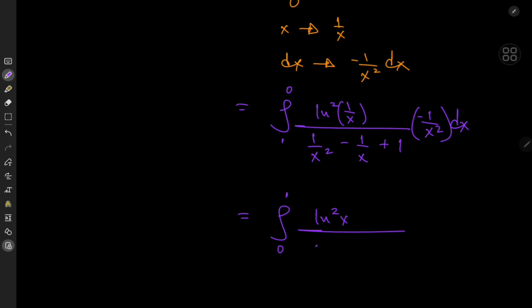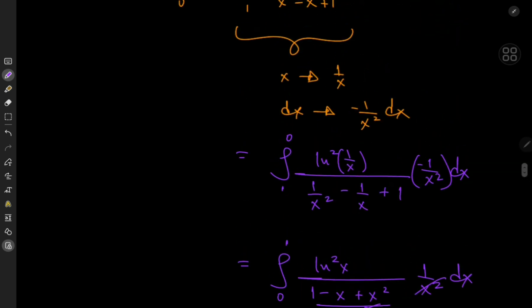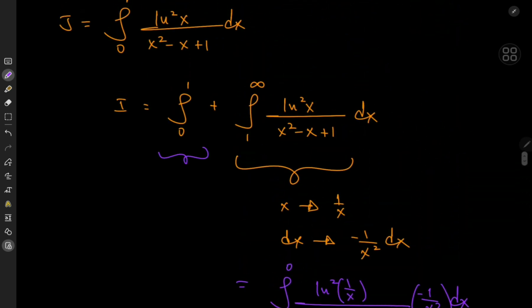We're getting 1 minus x plus x squared divided by x squared, 1 by x squared here. Some nice cancellation, meaning that this integral equals the integral from 0 to 1 of log square x divided by x squared minus x plus 1 dx, which is exactly what this thing equals.